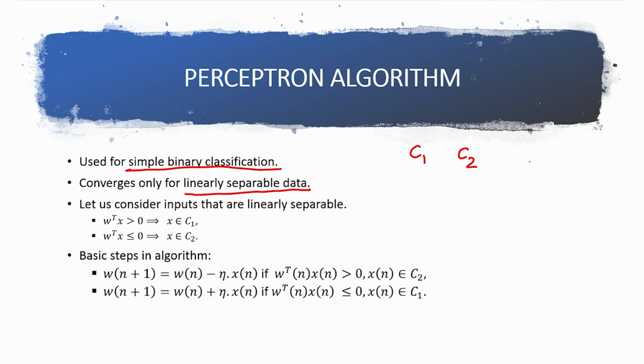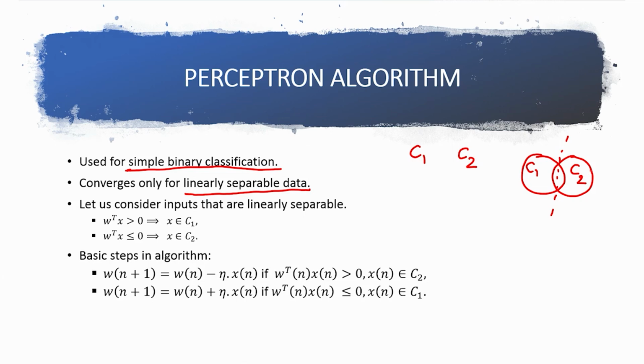That is, for cases when the data is of this form C1 and C2, that is, the data are not linearly separable, that is, we cannot find a hyperplane that can separate class C1 and C2, the Perceptron algorithm fails.